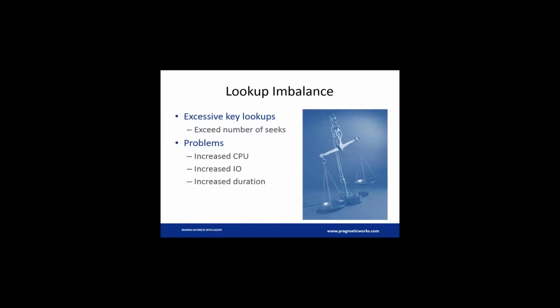What this basically means is there are other non-clustered indexes that don't have all the columns they need to satisfy the query. In this case, you're increasing the amount of CPU because you've got to hit 2 indexes to get what you need. You're increasing the I/O because you've got to go to 2 indexes, and of course you're increasing the duration as well. So you're expending additional resources that potentially you don't need to, if you take a little bit of care and feeding for that lookup imbalance.